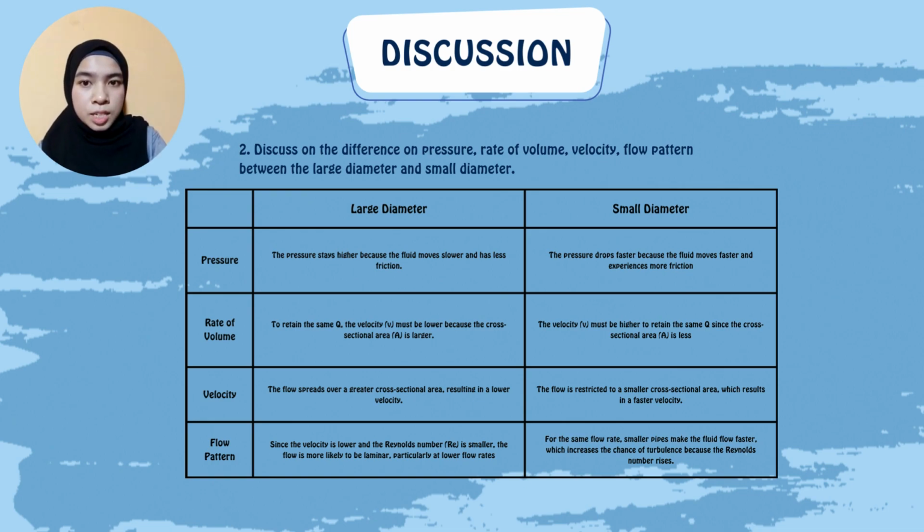Next, our second discussion is about the difference in pressure, rate of volume, velocity and flow pattern between the large diameter and small diameter. In a large diameter, the pressure stays higher because the fluid moves slower and has less friction. For rate of volume, to retain the same Q, the velocity must be lower because the cross-sectional area is larger.